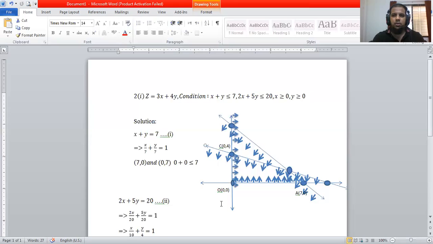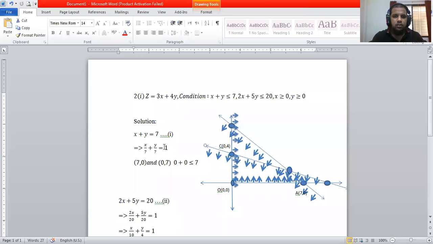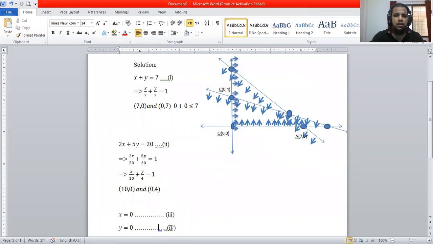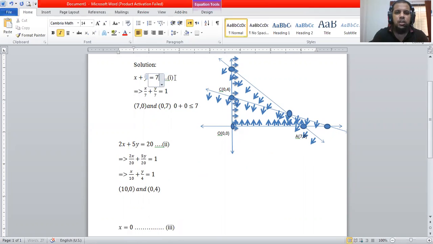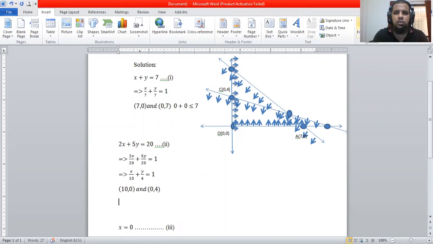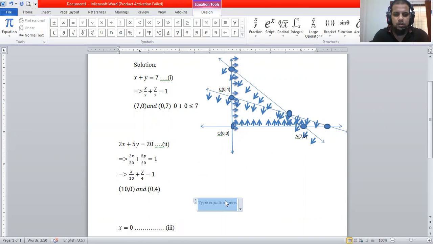So what is the solution of x plus y equal to 7 and 2x plus 5y equal to 20? We can use any method, no problem: cross multiplication, substitution, or anything else. If we multiply equation number 1 by 2, it will be 2x plus 2y.